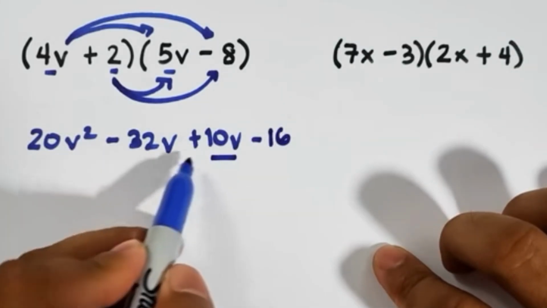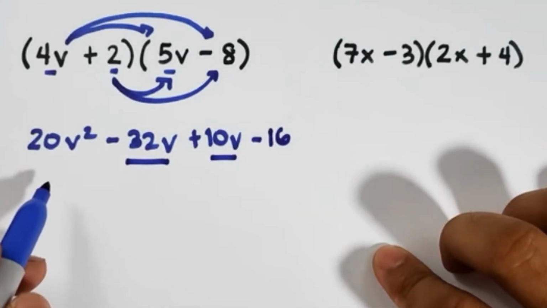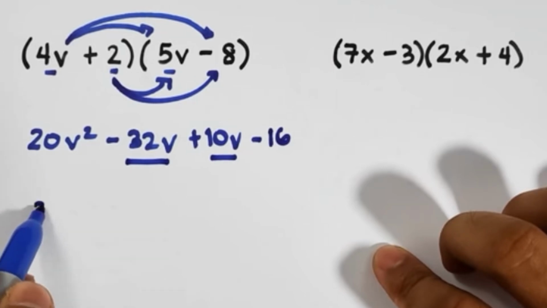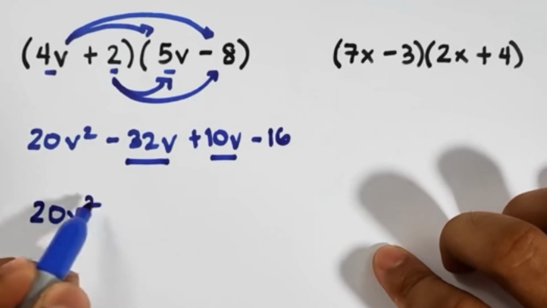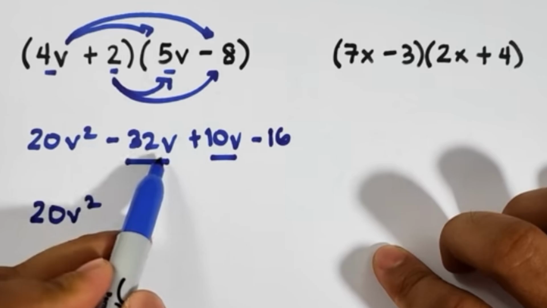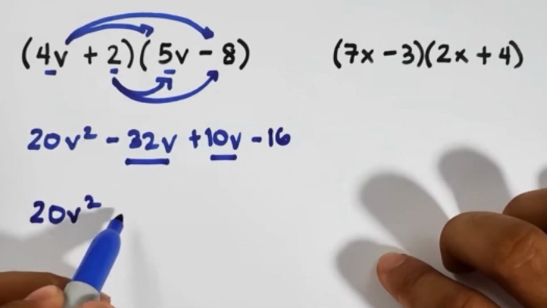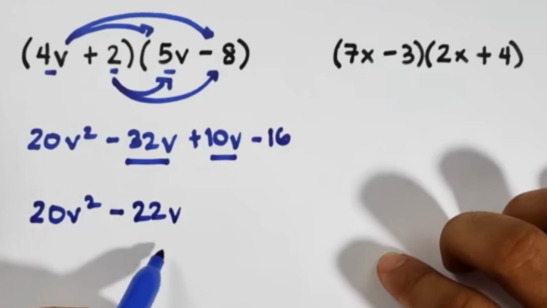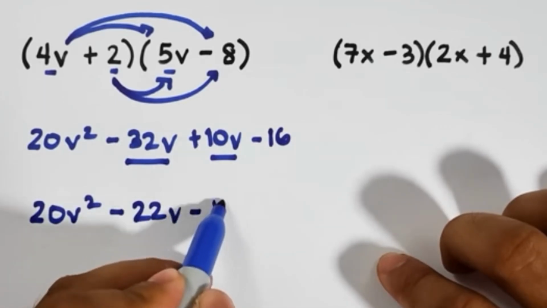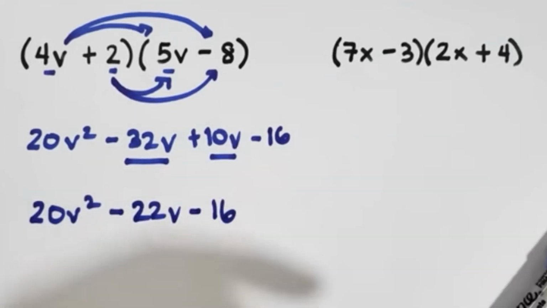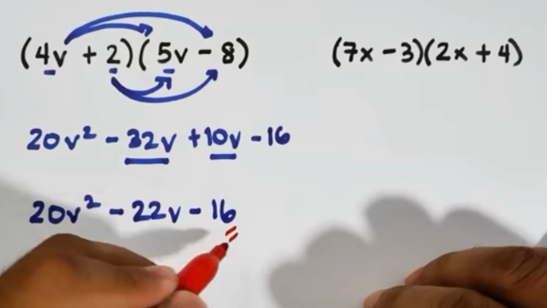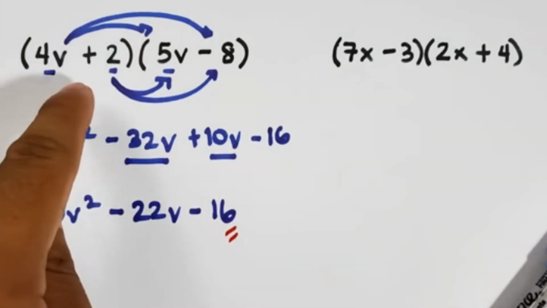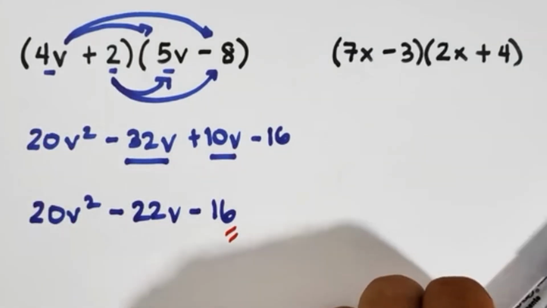Combine these two terms, guys, because they are like terms. Copy this one, 20v squared. Negative 32v plus 10v is definitely negative 22v. Then copy minus 16. And this is now the product of the binomials 4v plus 2 times 5v minus 8.